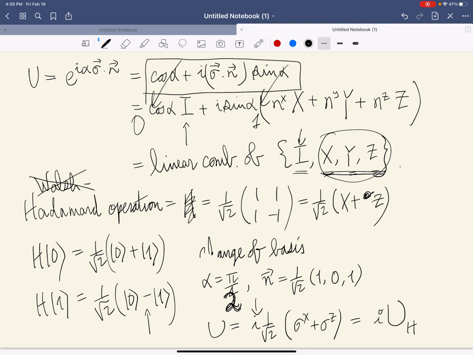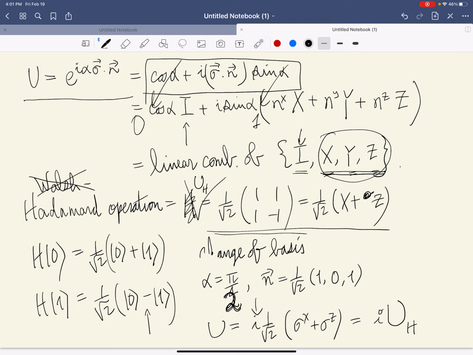Sorry, maybe I should say this is U of H, because this is really a unitary operation. Okay. So after all, this Hadamard operation is nothing but a special case of this general one qubit unitary.